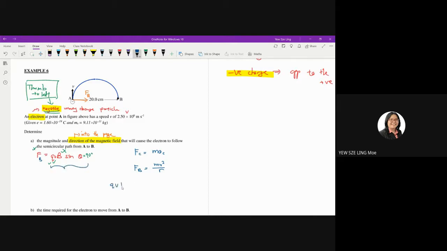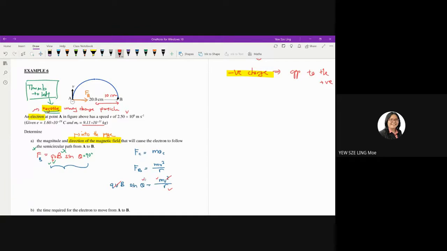So QVB sine theta equals mv squared over r. From here, I can then simplify it and plug in the value. Do I have m? Yes, I do. Do I have r? Yes, because the question gives me the diameter is 20 cm, so radius is 10 cm.